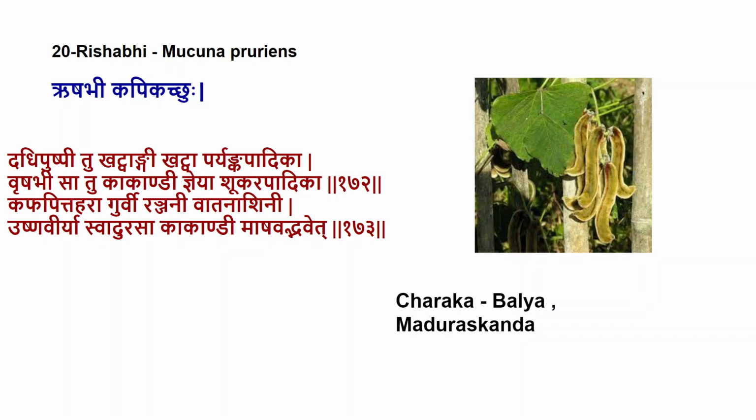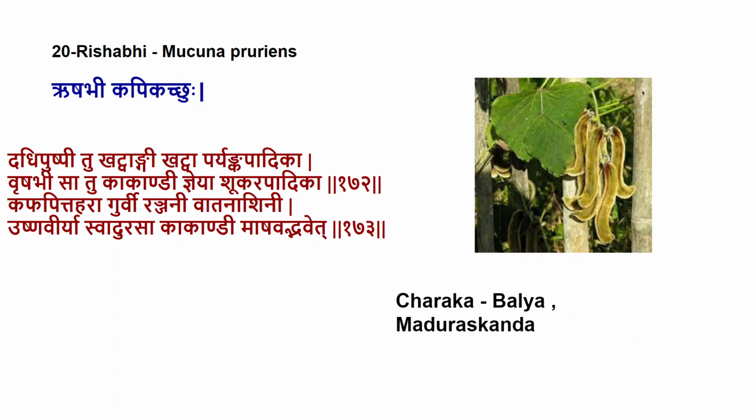The Rishabhi, the 20th, is Mucuna pruriens. Rishabhi is Kapikacchu, according to Dalhana. But commentary Nighantus would be suggesting about the Rishabhi with different names, and those are Dasi Pushpi, Khatpangi, Khatpa, Paryanka Padika, Rishabhi, Kakandi, Neya, Shukara Padika. Now, Rishabhi in Nighantu is something different.